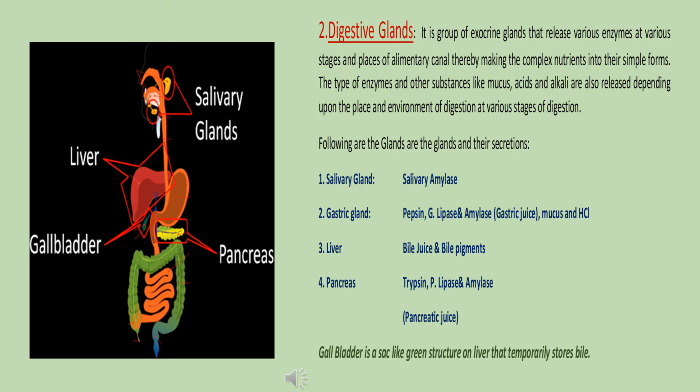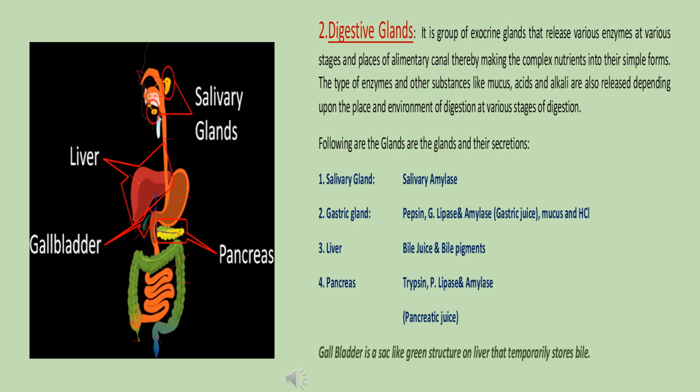Second is the gastric gland, which is found in our stomach. It releases a mixture of enzymes like pepsin, gastric lipase, and amylase. Pepsin is a proteolytic enzyme. It digests the protein, whereas gastric lipase digests the fat and amylase digests the starch. However, the environment for the operation of gastric juice should be acidic.